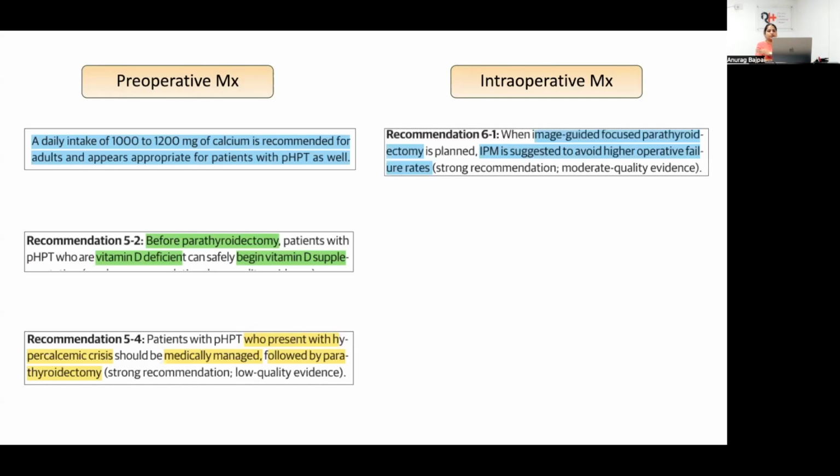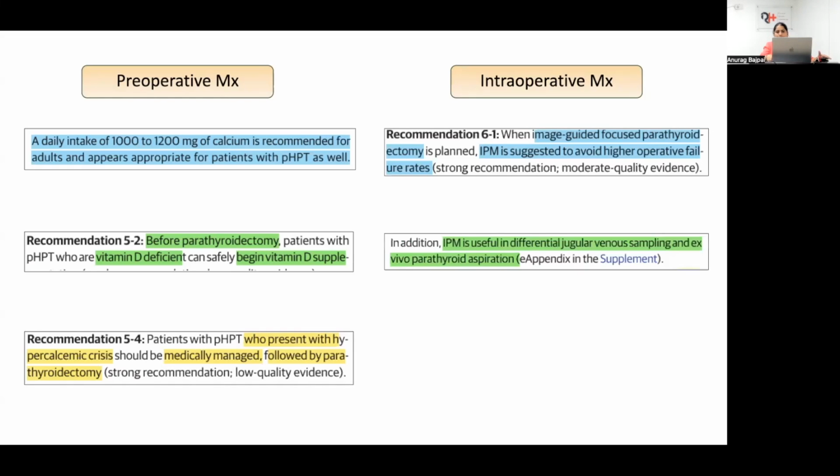Intraoperative management is important. It is basically an image-guided focused parathyroidectomy. In this, intraoperative PTH monitoring is done, and this monitoring is suggested to avoid higher operative failure rates. In addition, intraoperative PTH monitoring is useful in differentiating jugular venous sampling and ex vivo parathyroid aspiration during the surgery.